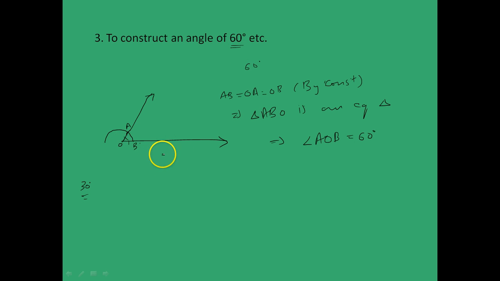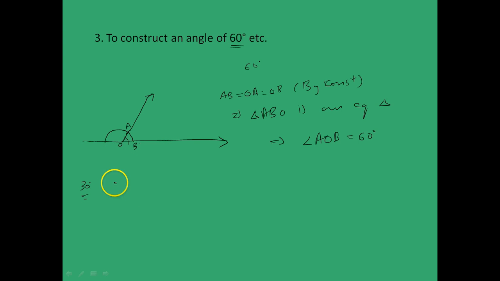Now 90 degrees, we can do a couple of things. I'll tell you both the ways. One way would be to extend the base and draw an arc. And now with this angle, we know that this angle would be 180 degrees, because this is the angle of a straight line.